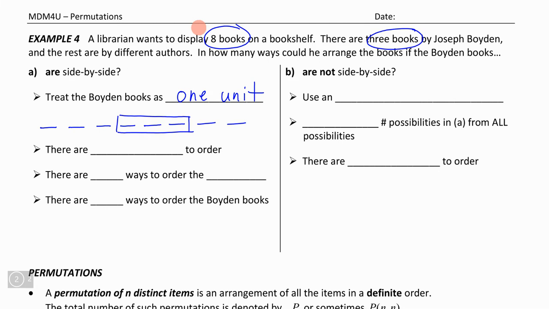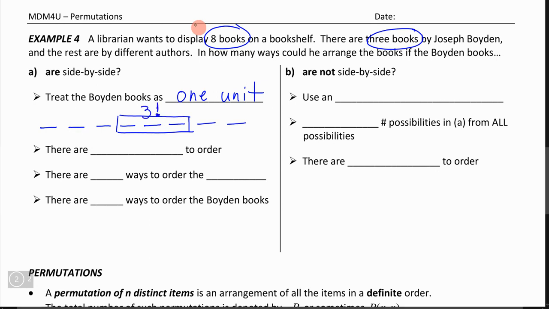And how many ways are there to arrange the Boyden books? Well, there are 3 factorial ways to arrange them. So really what we have now is just 6. There are only 6 units to order here. We have 1, 2, 3, 4, 5, and the 3 Boyden books kept together is the 6th one.